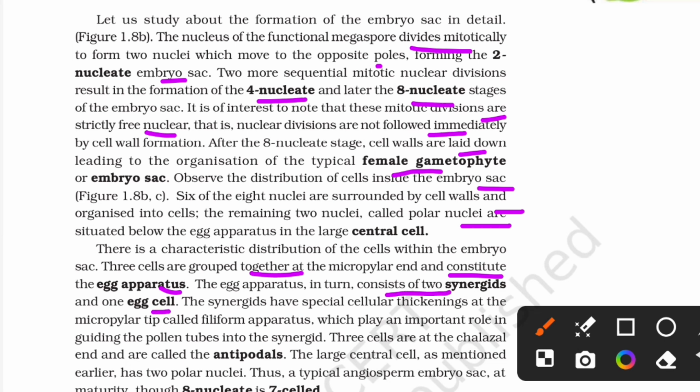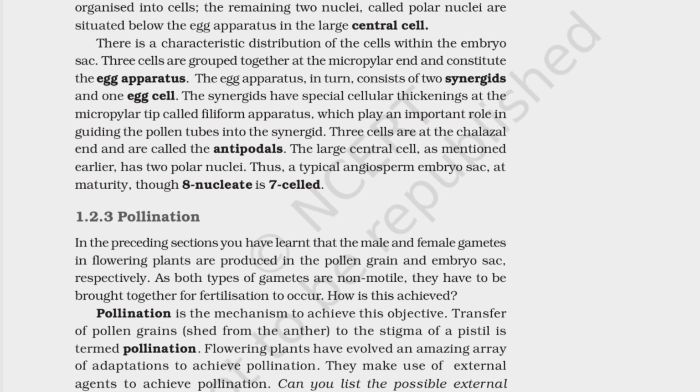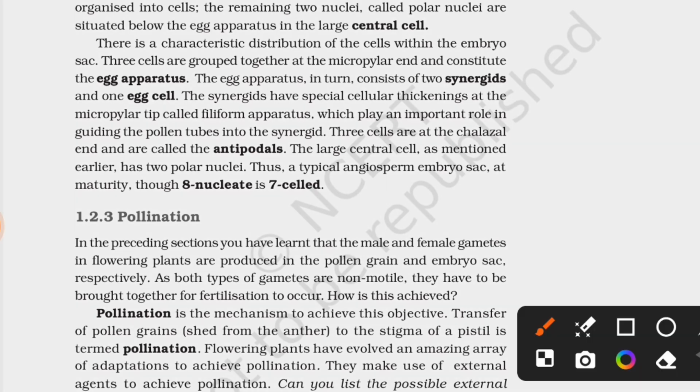The synergids have special cellular thickenings at the micropylar tip called the filiform apparatus, which plays an important role in guiding the pollen tube into the synergids. 3 cells are at the chalazal end, called the antipodals. The large central cell, mentioned earlier, has 2 polar nuclei. Thus, a typical angiosperm embryo sac at maturity, though 8 nucleate, is 7 celled.